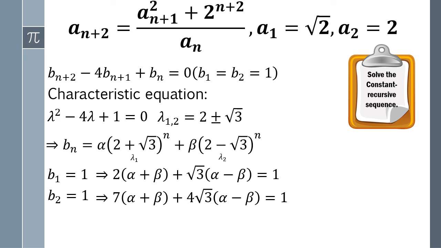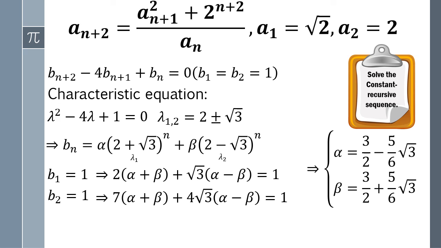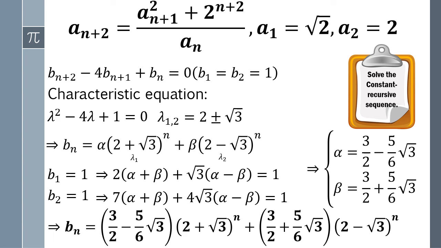Solving this system of equations, we can find the values of alpha and beta. And then finally, we plug alpha and beta into the expression of b_n. From here, we can get the closed form expression of b_n. It's quite long.